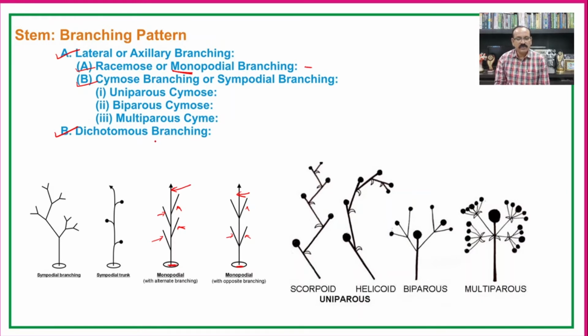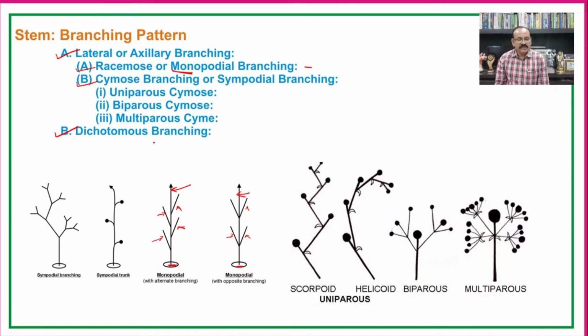But as the plant grows older, the apical bud often gets lost and some side branches become very strong so that the plant loses its monopodial character. The typical monopodial branching can be seen in excurrent trees like the conifers or the mast tree like Polyalthia longifolia, Casuarina, etc.